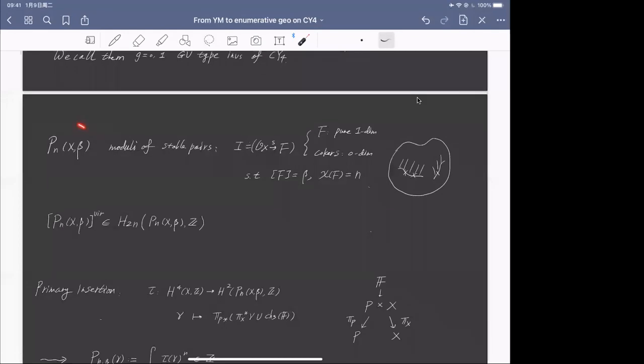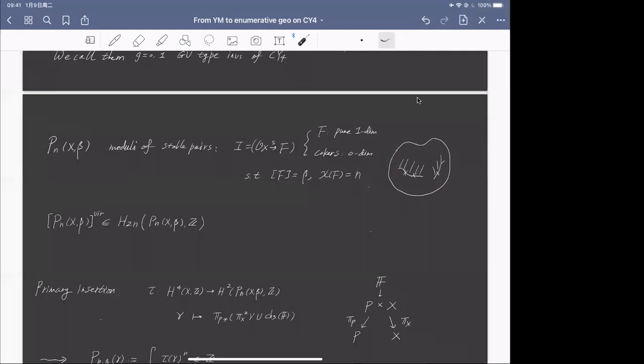So okay, we consider some moduli space of so-called stable pairs. You can understand this as some framed degenerate connections. Now F is a so-called pure one-dimensional sheaf. You can understand this as some line bundle over some curve, supported on some curve. And O_X to F is a section of this sheaf, or on each support curve, a section of this line bundle.